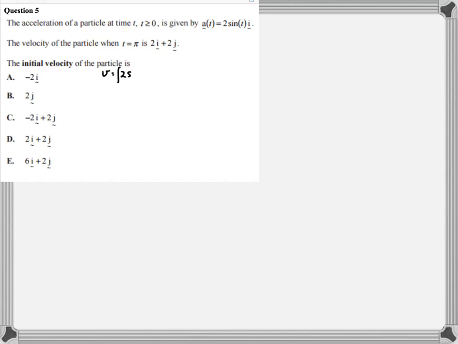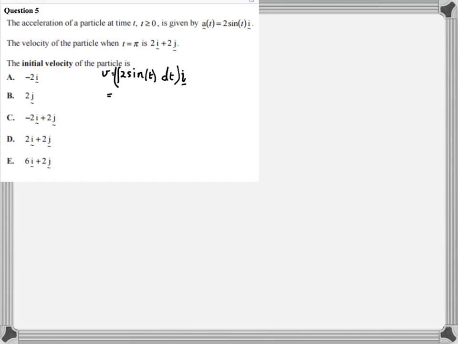So first off, what we can identify, we have the velocity as a vector can be determined as the integral of the acceleration vector. Okay, so that's the first idea, using calculus to form that connection.